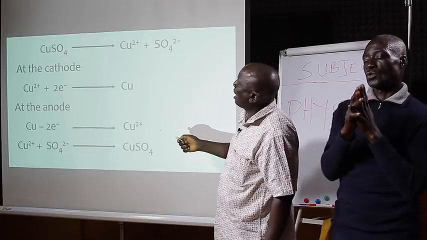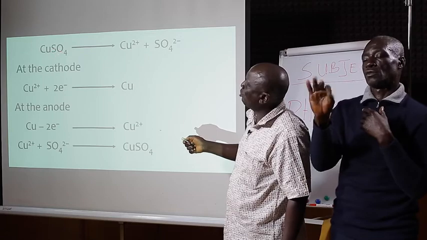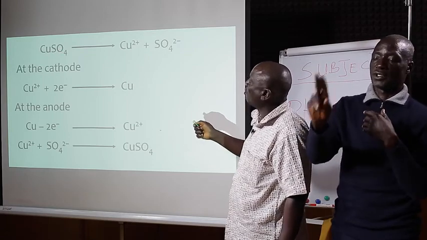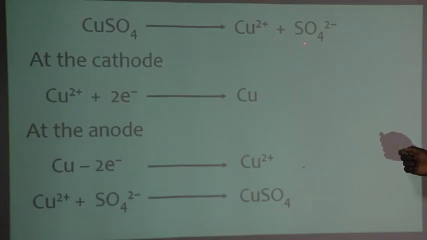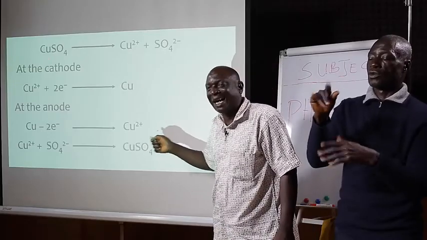So we have copper sulfate, CuSO4, dissociating to form copper 2 plus and SO4 2 minus. That means copper ions and sulfate ions. Now, what happens at the cathode?